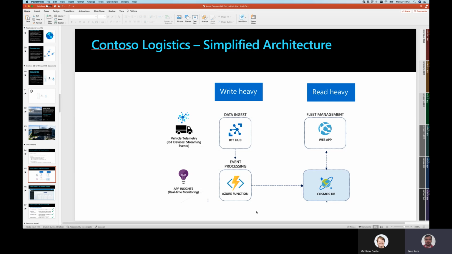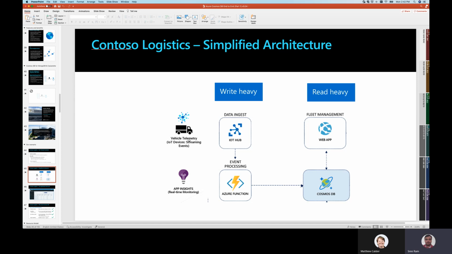Let's see the very simplified architecture, which we will expand on in coming slides and coming weeks. But for now, think of Contoso Logistics as tracking the vehicles right from package pickup all the way to the completeness of the consignment. This is very write heavy because we have to ingest massive amounts of vehicle telemetry from all the different vehicles we have.